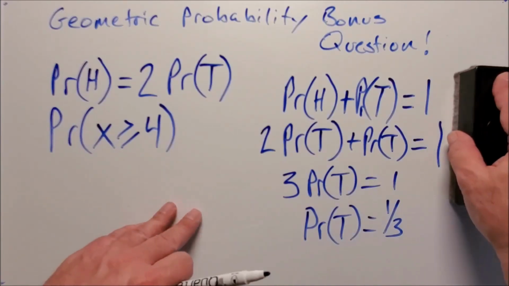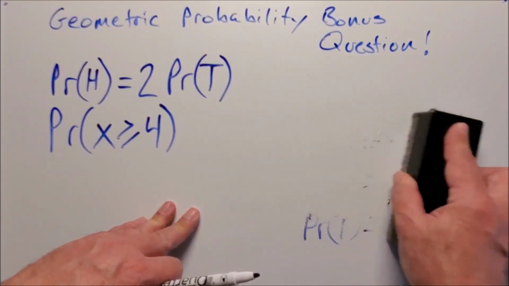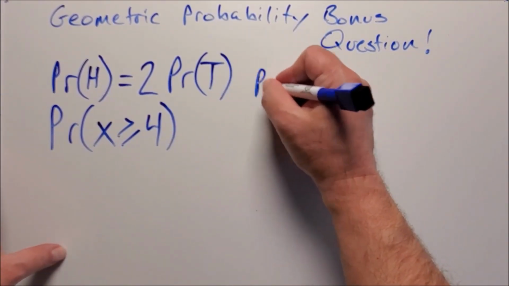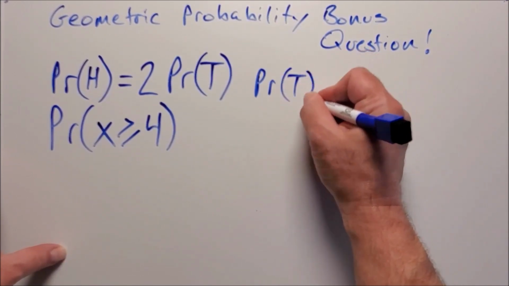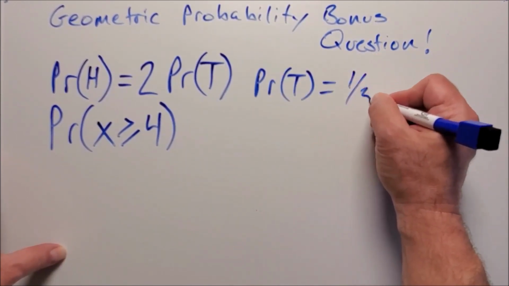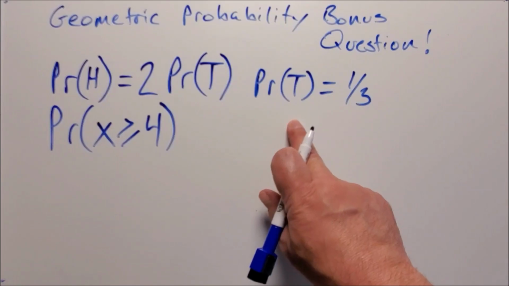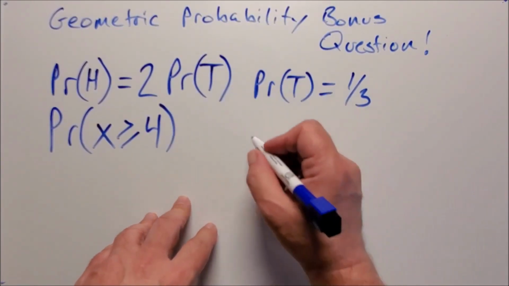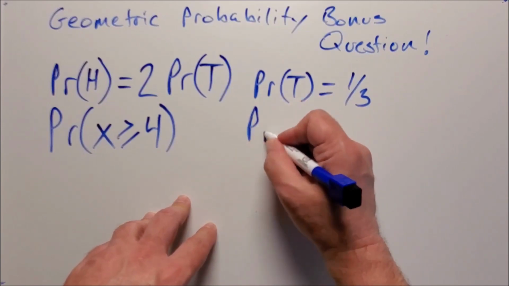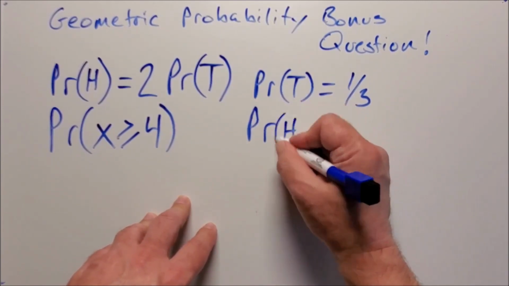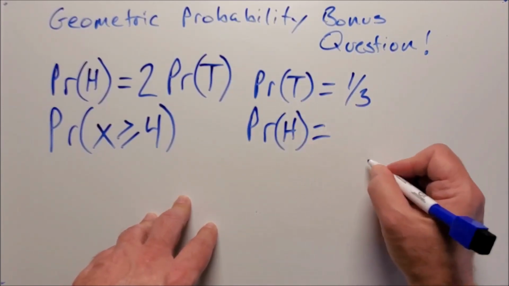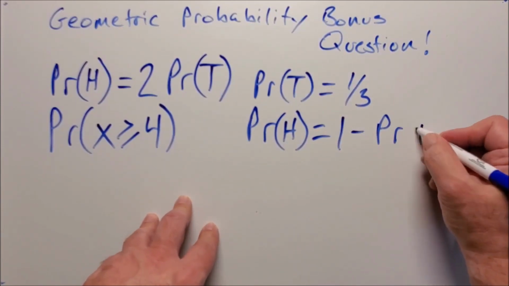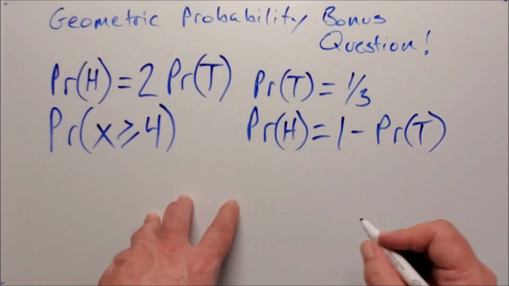Moving on to the next part of this, let me write that down. We know very well that the probability of tails is 1/3 and that we can think of the probability of heads as being the complement of the probability of tails. So I'm going to utilize the complement rule again and say the probability of heads is 1 minus the probability of tails because they are complementary.